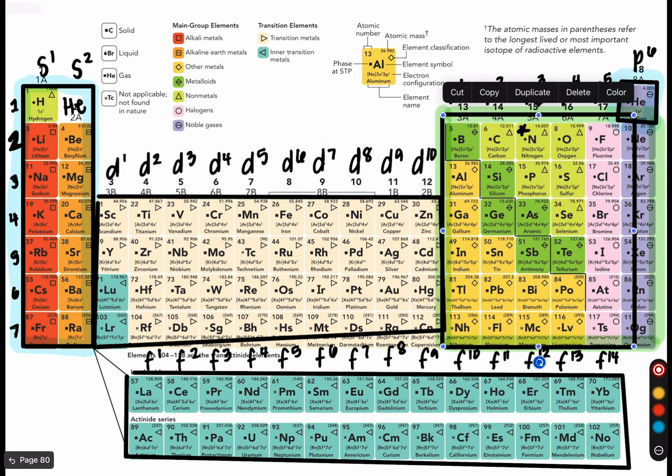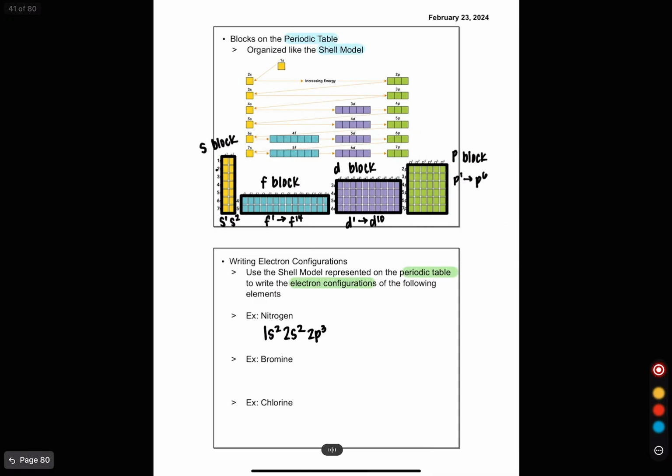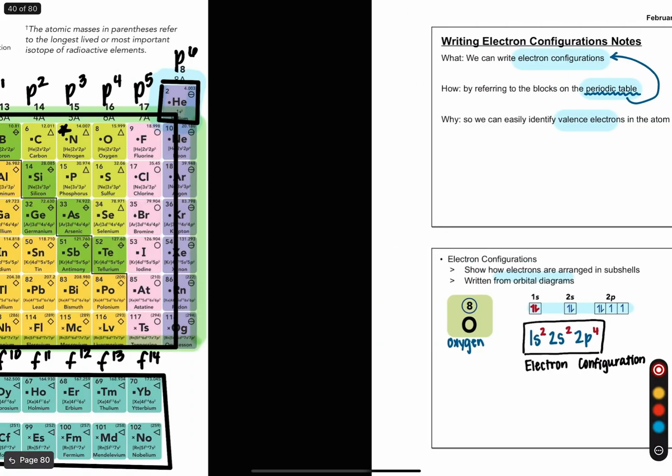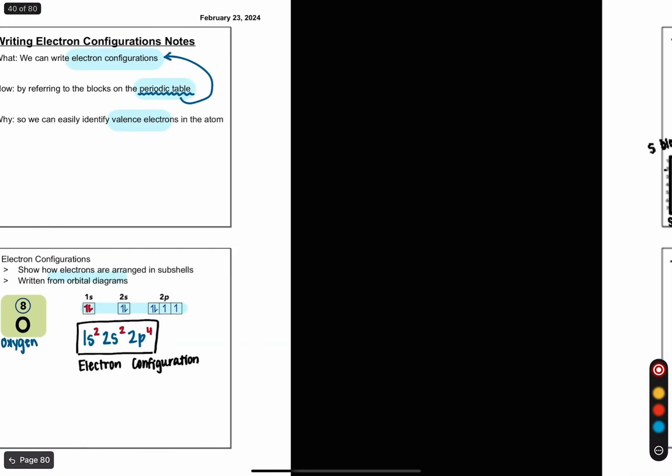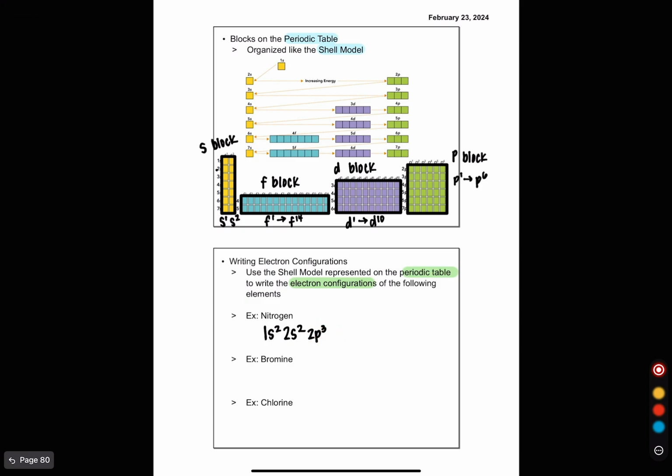I'm going to keep going past helium onto lithium and beryllium. Since nitrogen is past that, the 2s block was also filled up with electrons. So that's where my 2s2 came from. And then since nitrogen's in the p block, but it's only in the third space, nitrogen should have 2p3 for the final part of its electron configuration. And this would be my final answer for nitrogen's electron configuration.